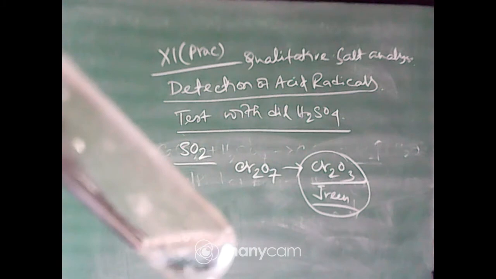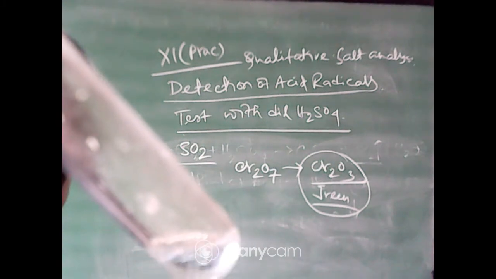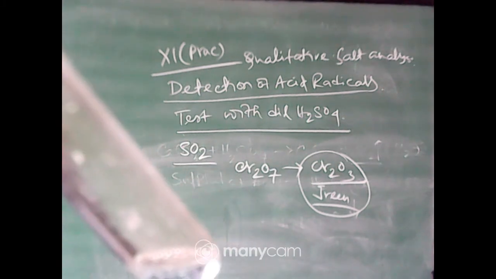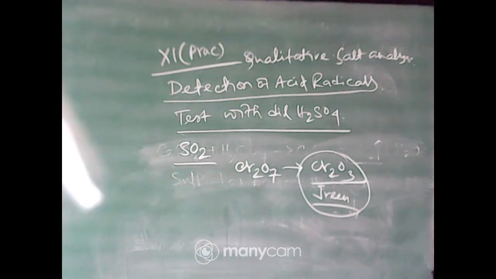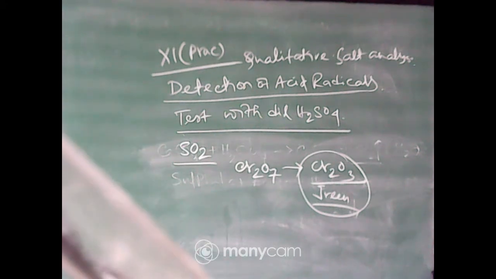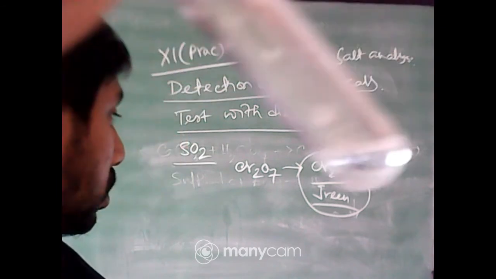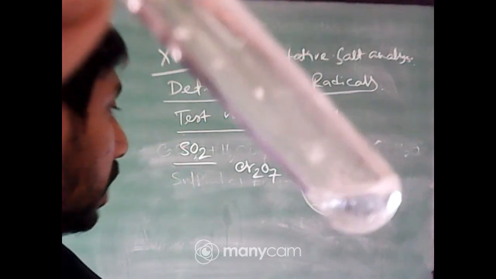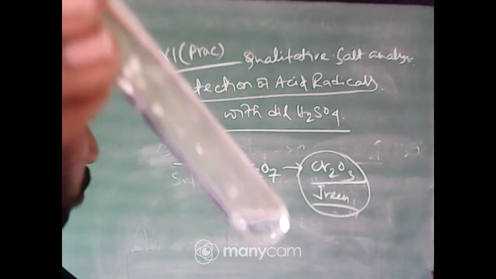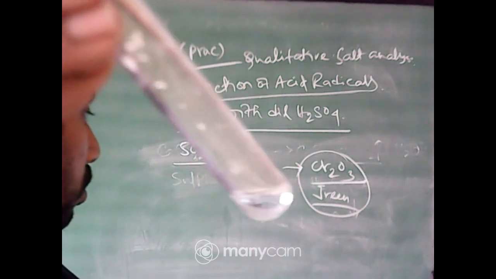So here we have taken the salt of sodium nitrite, and it is converted to an oxide of nitrogen. This is the color of the solution, and you can see the brown vapor here.